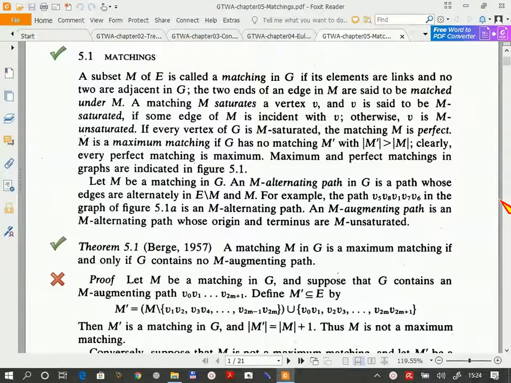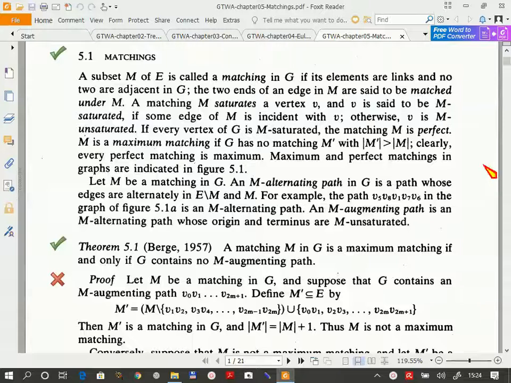Okay, but it might not be maximum. Okay, maximum looks at the number of elements, and just that, and so it is maximum if in the same graph there is no other matching which has more elements. Maximal is different. We'll see some examples going on.